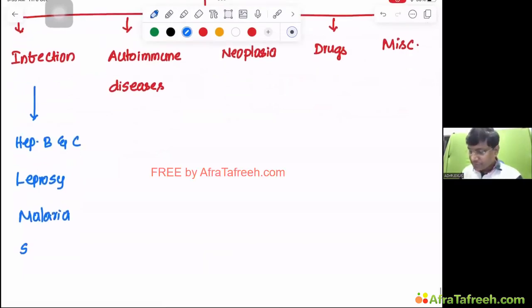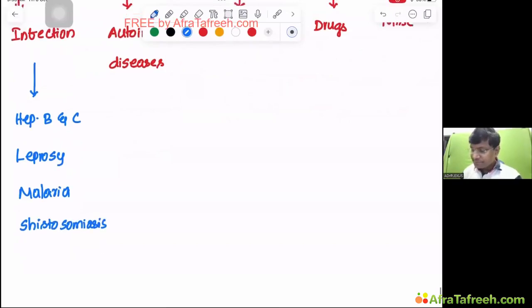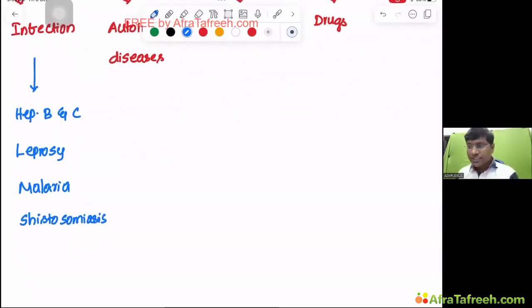Then schistosomiasis. So what is the name of the fever associated with schistosoma? That is called Katayama fever. Okay. Now, in these individuals, along with RBCs in the urine, what are the additional cells that can be seen? That is eosinophils.